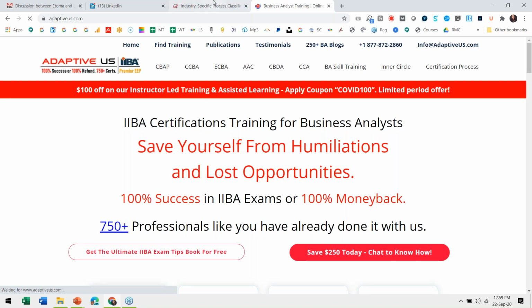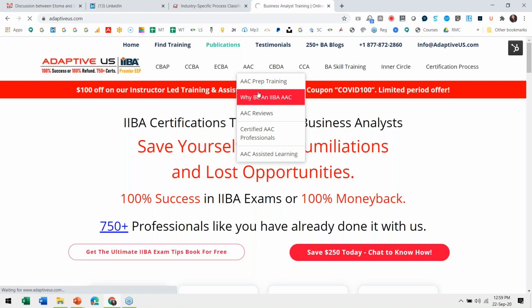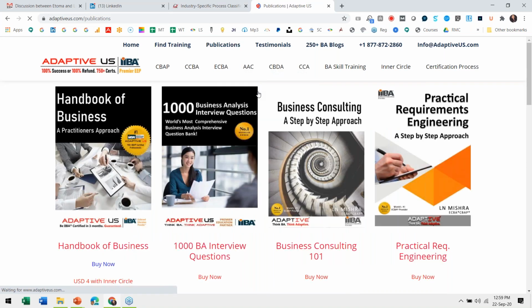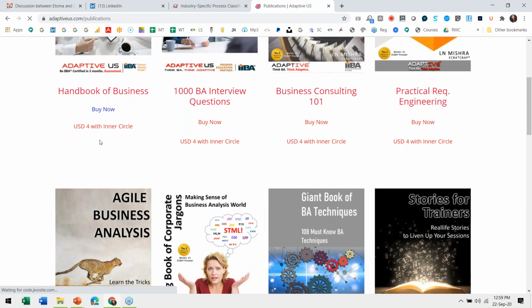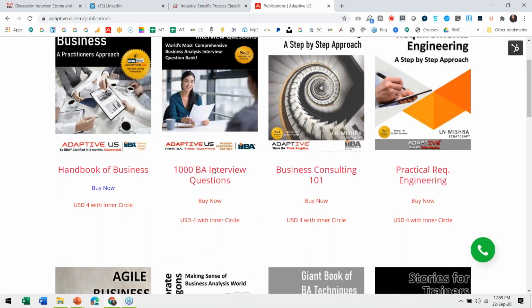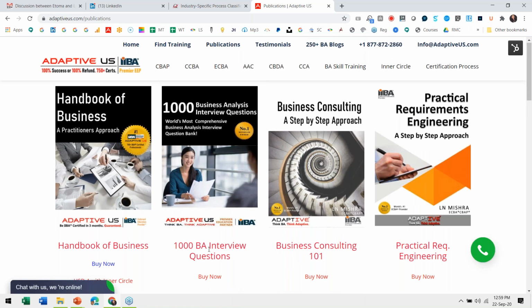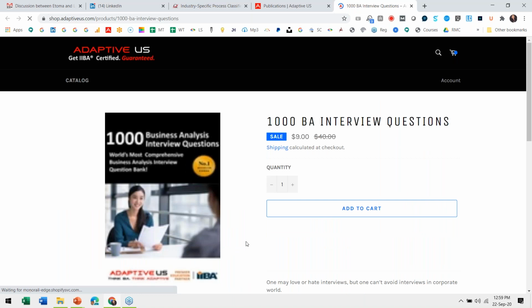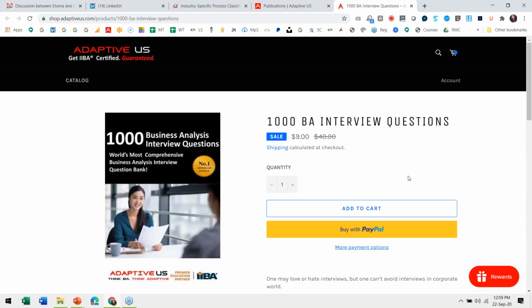Very cost effective if you are part of Inner Circle. Even if you are not part of Inner Circle, it's still not very expensive. I think it's below $10. So it's $4 with Inner Circle. Without Inner Circle, I think it may be $9-10 or something like that, if I remember well. Oh, it's $9. So it's sub $10 for you to buy.